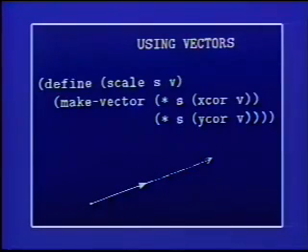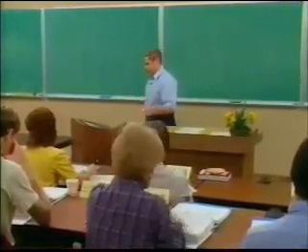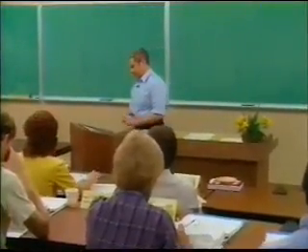And again, to scale a vector, I multiply the successive coordinates. So I make a vector whose x-coordinate is the scale factor times the x-coordinate, and whose y-coordinate is the scale factor times the y-coordinate. So those are two operations that are implemented using the representation of vectors, and the representation of vectors, for instance, is something that we could build in terms of pairs.